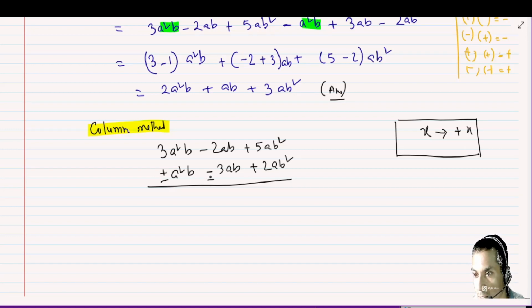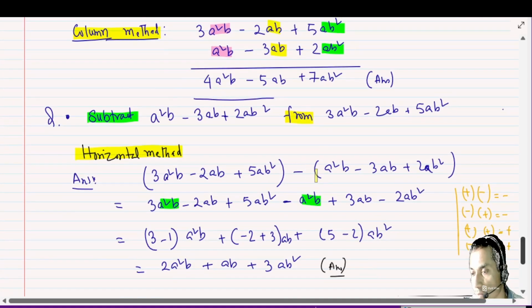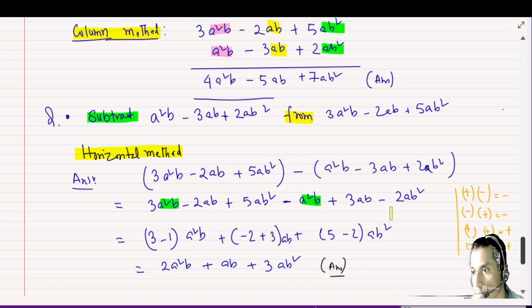Here minus, change the sign to plus, and here plus, change to minus. So deduction, subtract. You are just doing the subtract here. That's why we change the sign. This is the rule actually. Why is it changed? It changes due to this reason. During the horizontal method we change the sign. That is the reason actually.